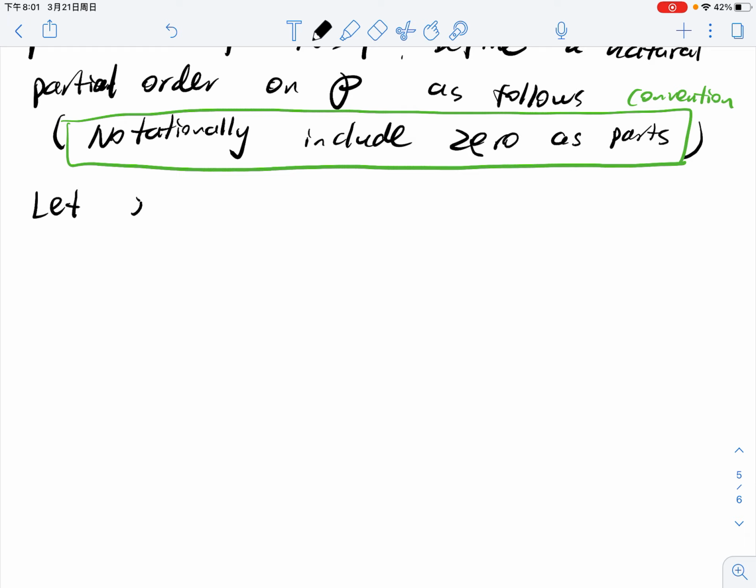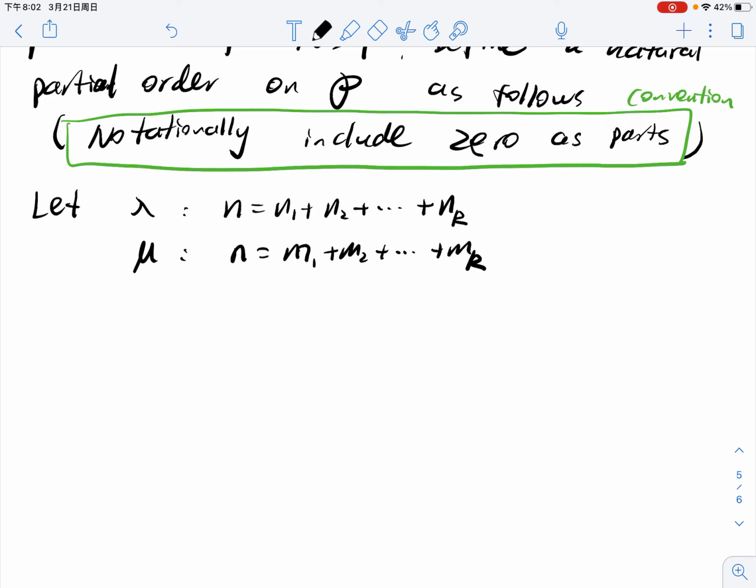Okay, suppose you have two partitions of N, and also arrange them in decreasing order. If they have different lengths, then you just add zeros to the shorter one so that they have the same length.